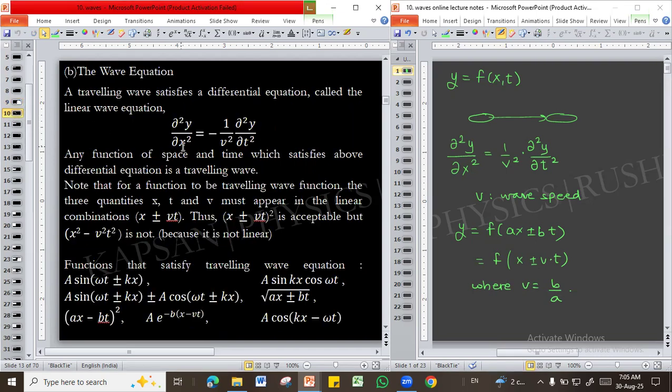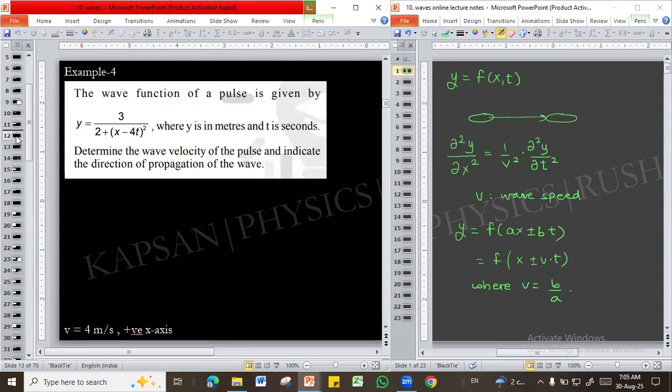Now the wave equation, this wave equation we discussed. For this equation to be satisfied, we need the function to be a linear combination of x position and time. Then we solve this example also.